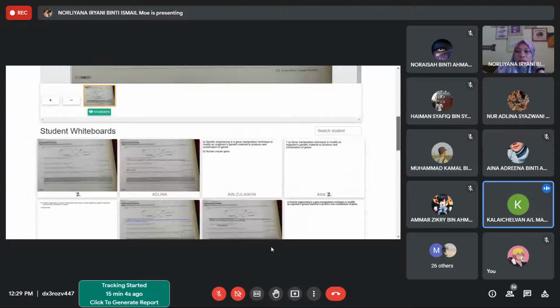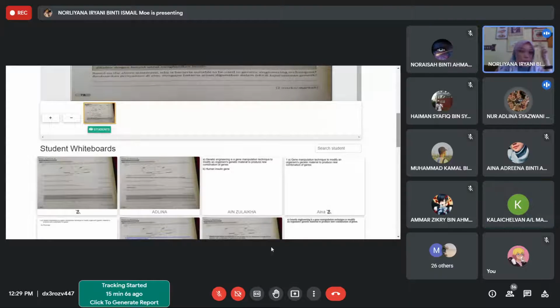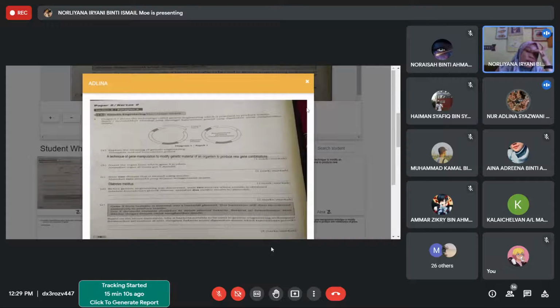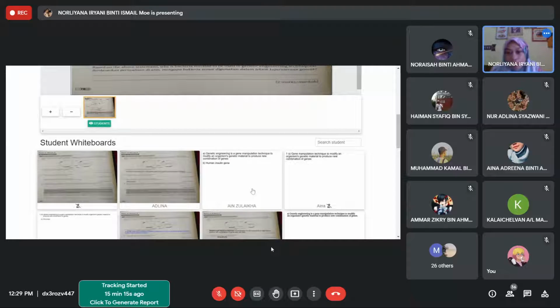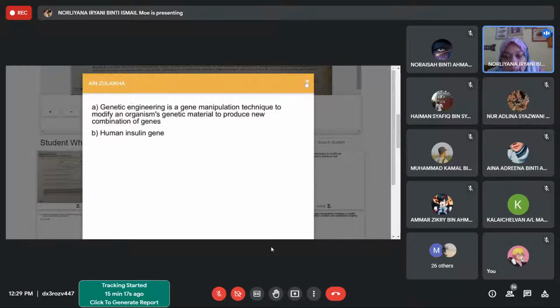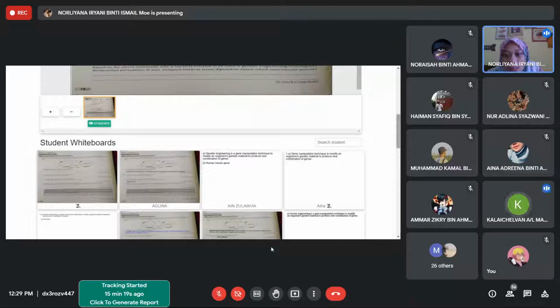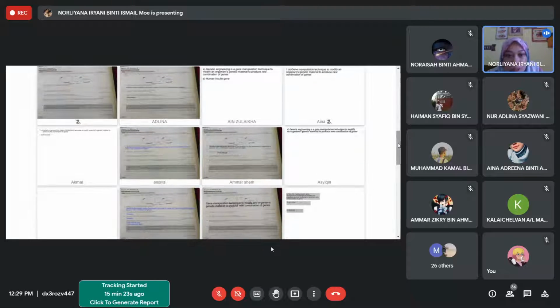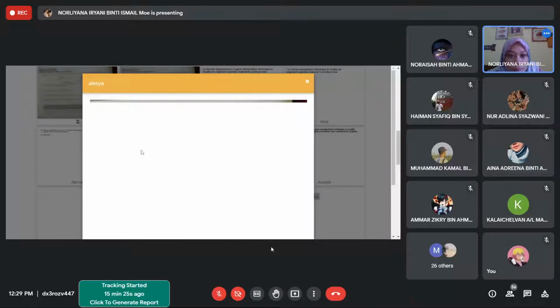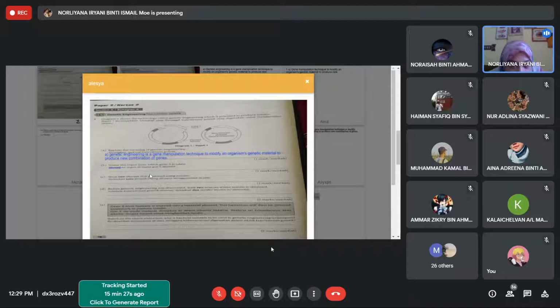Pancreas, right? What is the name of the organ? The organ that produces insulin, supposedly. Human insulin gene, no. They want the organ. What is the organ that produces insulin? Alisha, okay, pancreas, correct.